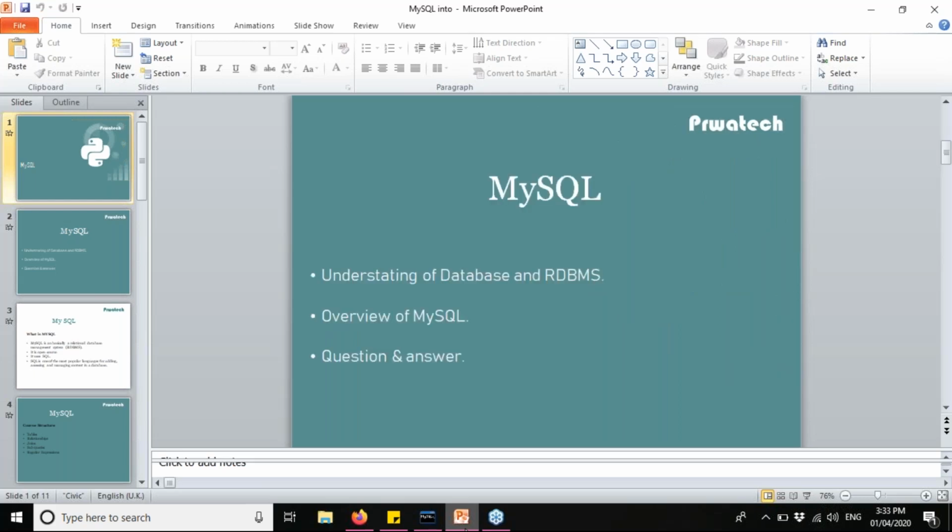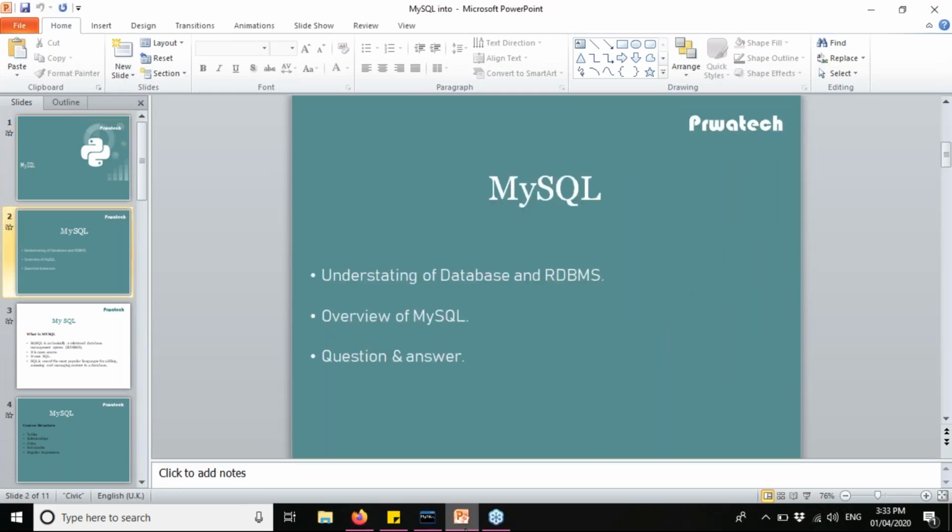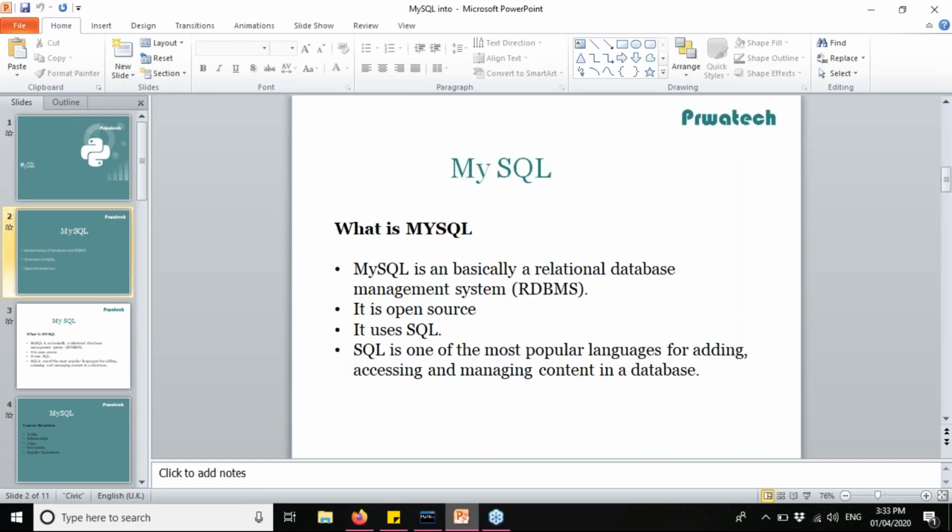And firstly, I would just let you know, guys, what MySQL is exactly. It relates to the understanding of database and relational database management systems. I would also be giving an overview of MySQL along with the queries or any questions that you might have.